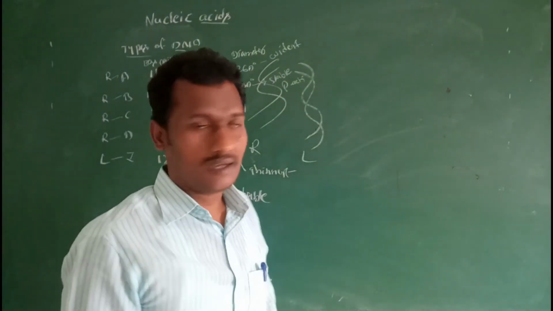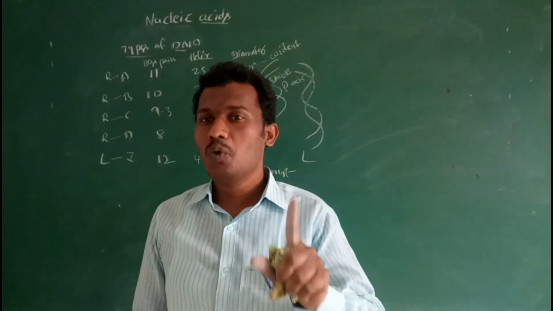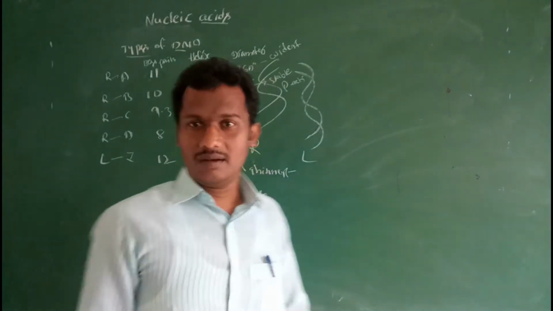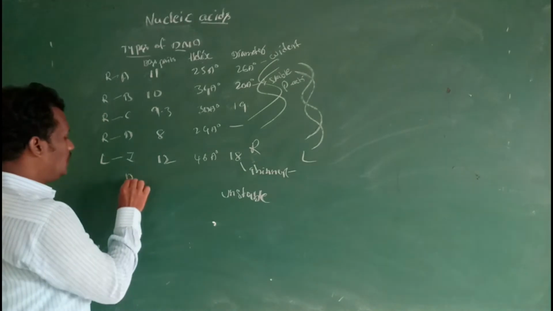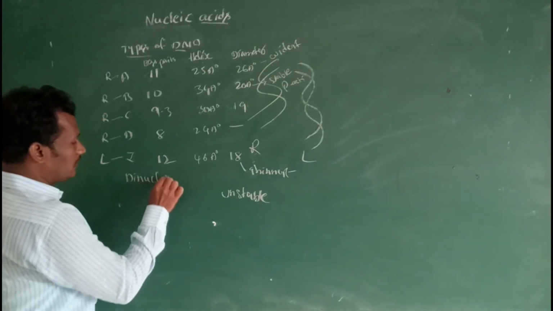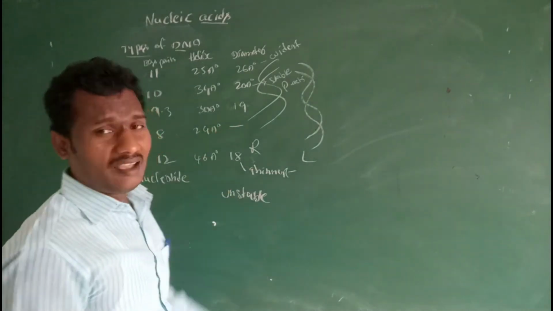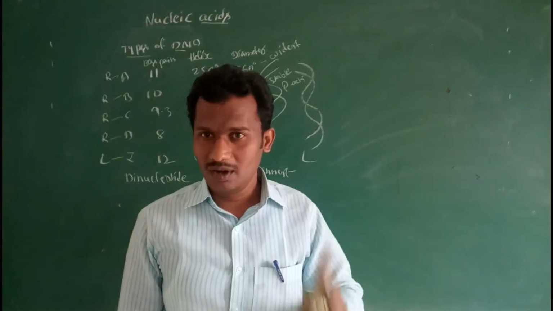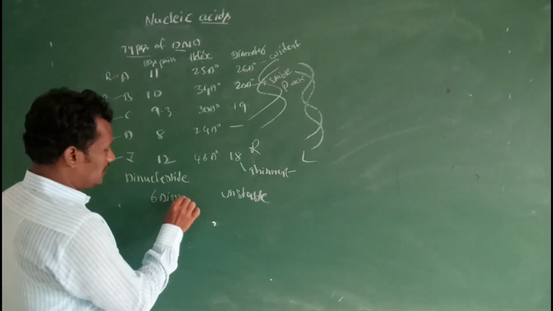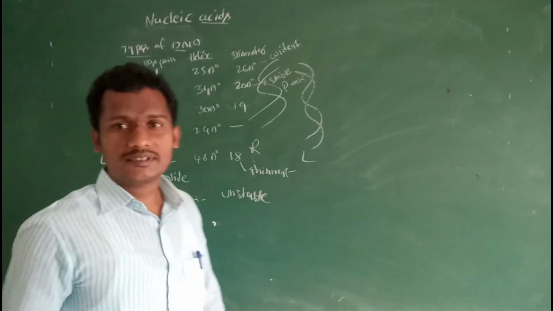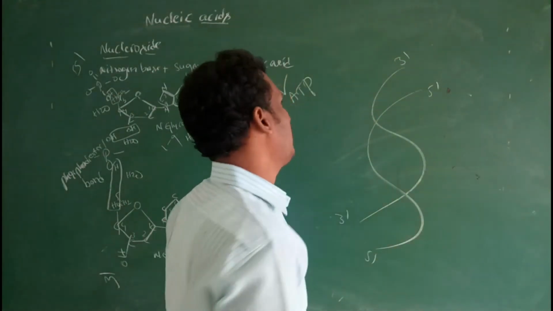In these DNAs the repeating units are mononucleotides, but only in Z DNA the repeating unit is a dinucleotide. So in each helix, 12 base pairs means 6 dimers are present. Now, characteristic features of B DNA.